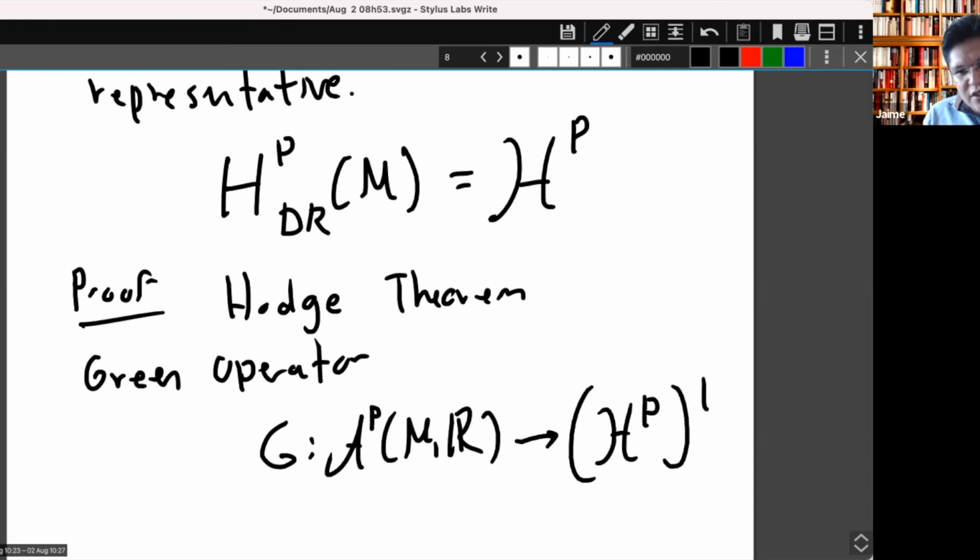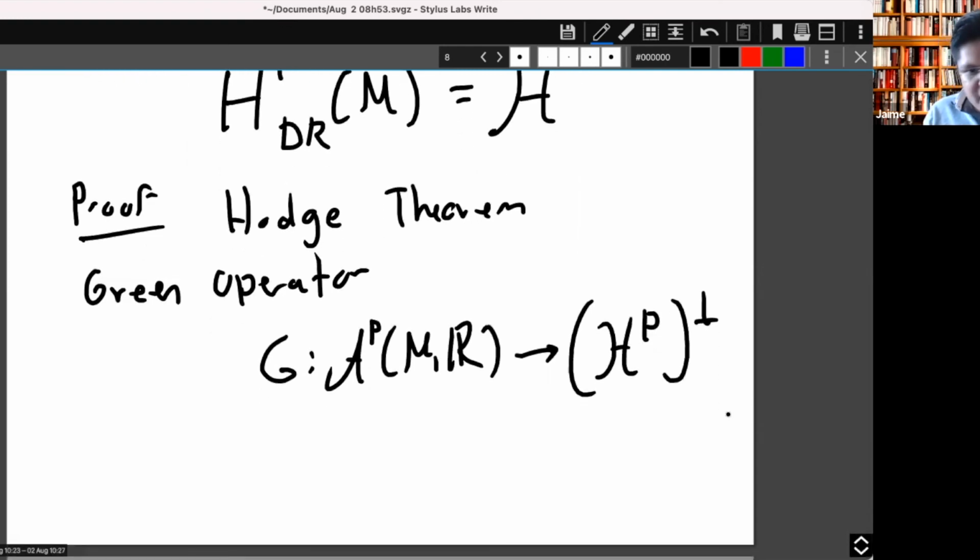Actually, you go to the orthogonal complement of that. And what this operator does is that, I'm not gonna talk about the proof, but perhaps some of you remember that the Green operator exists in another context.